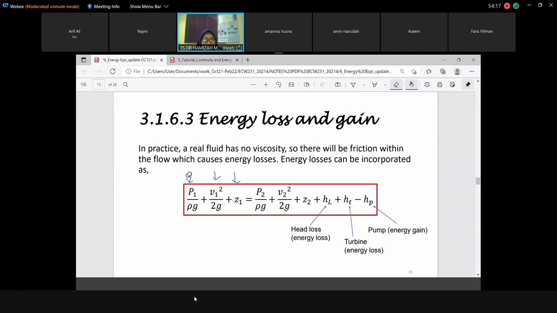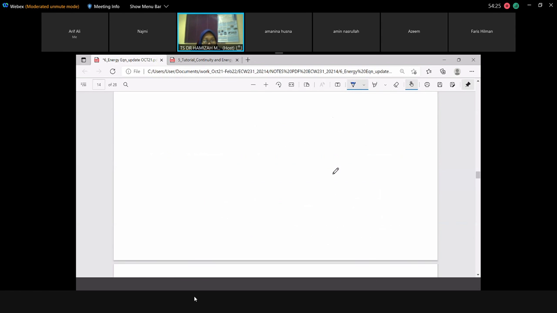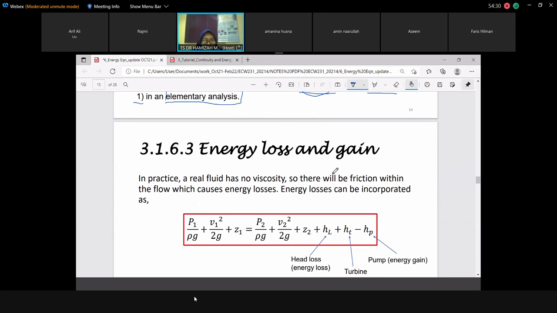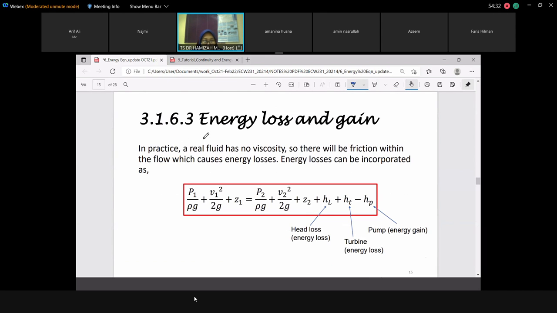Okay, so in practice, tadi you nampak ideal fluid kan? Ideal ataupun real. Okay, so here it referring to, dia guna perkataan real, sama je. Okay, ideal fluid or real fluid, no viscosity. There will be friction within the flow, which cause the energy losses. So energy losses can be incorporated as this one.